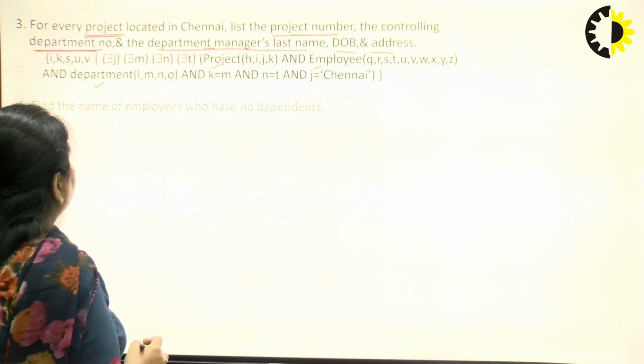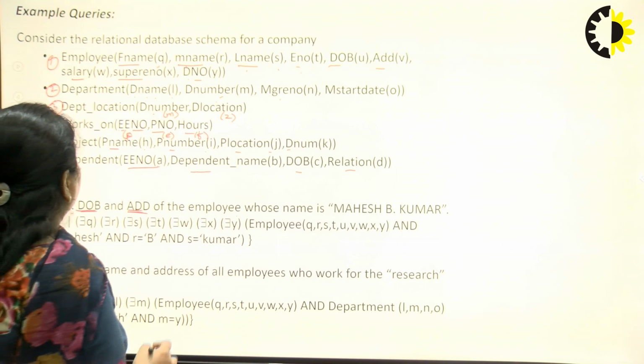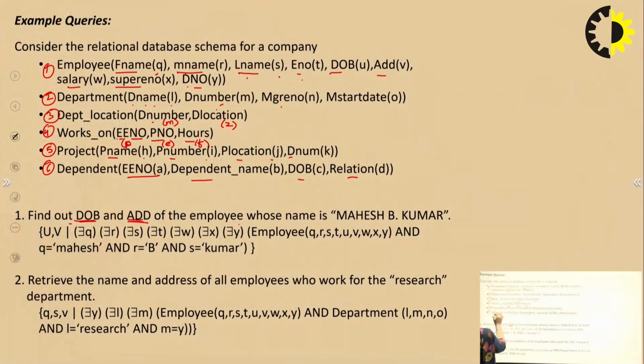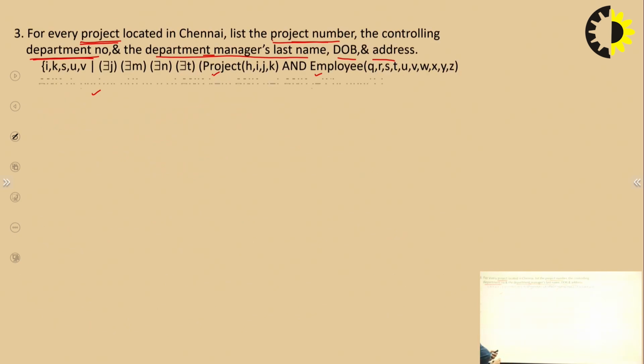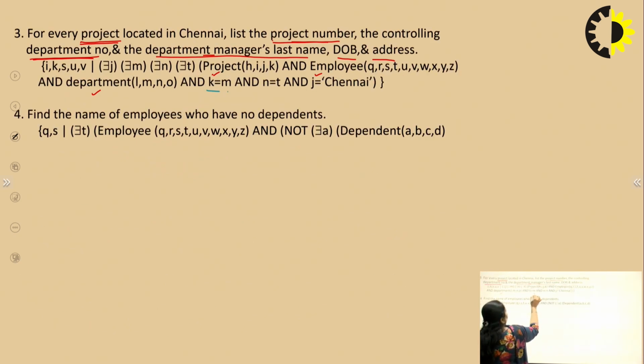So for that, what we have taken, see, for project here we are having project number here, we are having department number here K and department number here M. So that must be equal to this. So we have written here this only. M should be equal to K, N should be equal to T, that means department number of employees should be equal to department number of department, and J, that means project location, should be equal to Chennai.